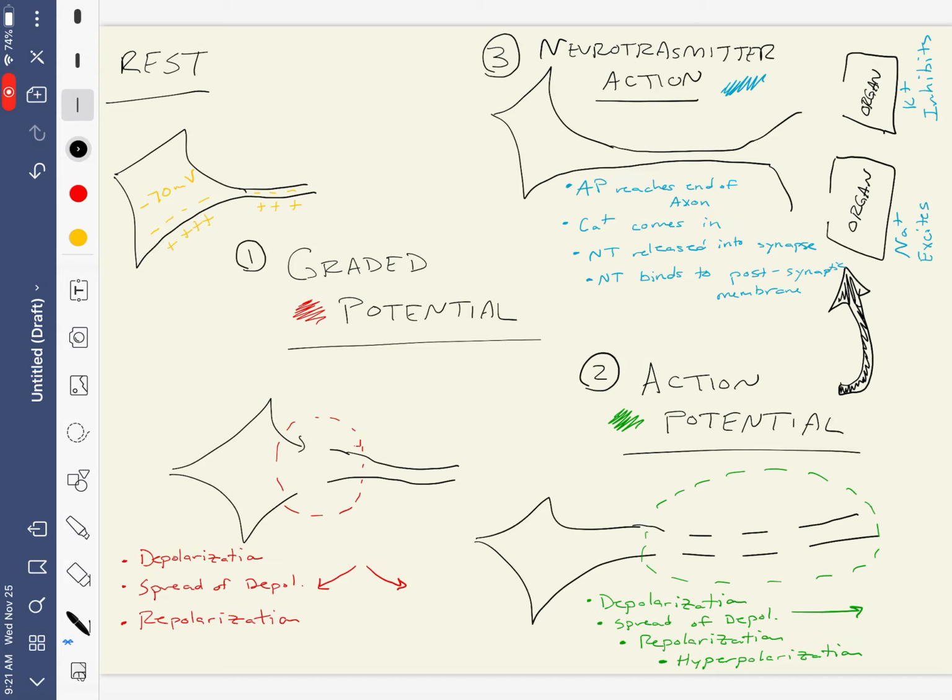So here we have some sodium channels. And what's going to happen, remember we have more sodium on the outside of the membrane, more potassium on the inside. So when we suddenly open a bunch of sodium channels, sodium comes rushing in. And so much sodium comes rushing in quickly that the inside of the cell goes from -70 to +30.